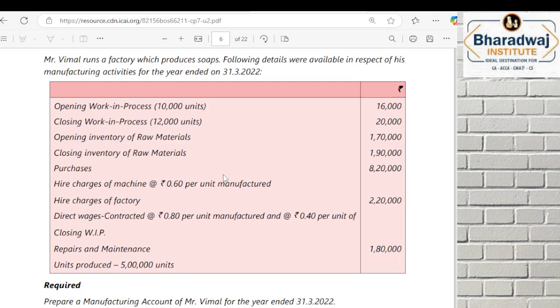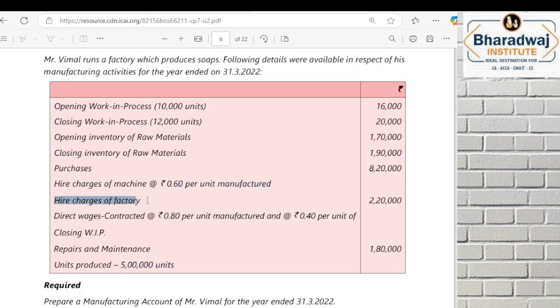It produces soaps. Opening WIP will come on which side? Debit side. Closing WIP will be eliminated, of course on the credit side. Opening stock plus purchases minus closing stock will give us which one? Raw material consumed, debit side. Then hire charges of machine, 0.6 per unit manufactured, which means 5,000 units manufactured into 0.6.